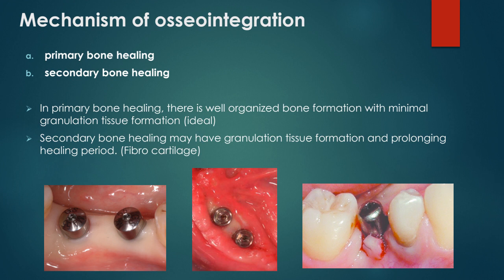Meaning when we place the implant, it is usually narrower than the osteotomy by 1 mm, so that there is a press fit and direct contact with the bone, to ensure primary healing. Second, secondary bony healing. Usually when I place the implant in an extraction site, the socket is larger than the implant structure, so it takes a while for the bone to travel until it reaches the surface of the implant.